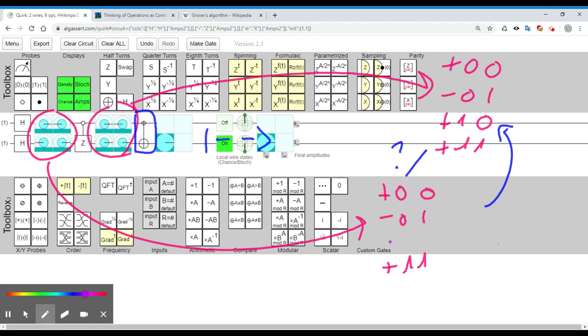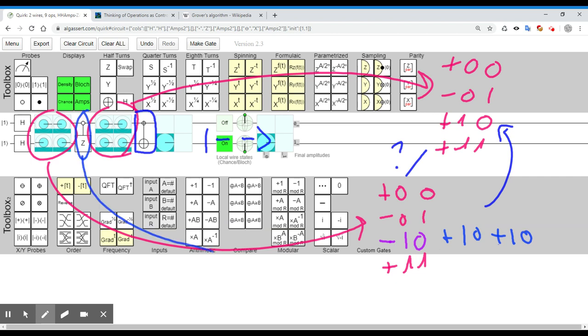So this was minus 1 0, but now we've added plus 1 0 plus 1 0. What if, let's imagine that this is the outcome of adding, mathematically speaking, that to our mixture. Let's just assume this is a way to represent that.